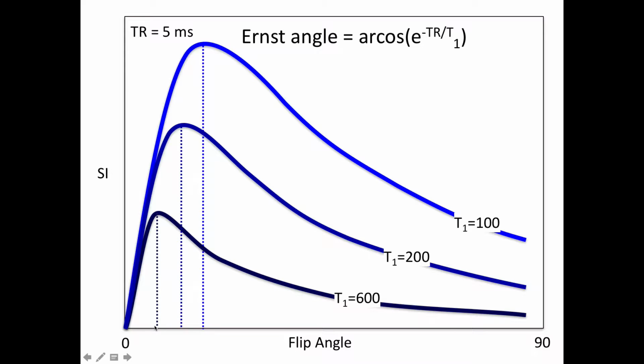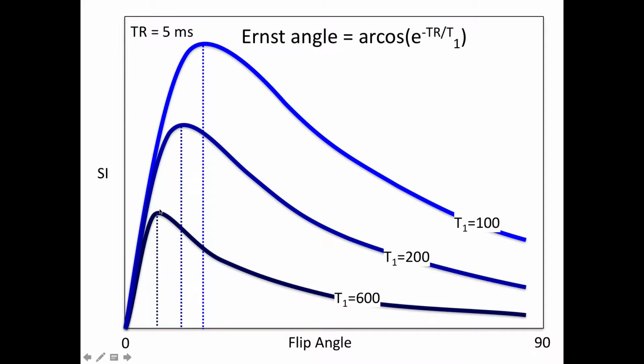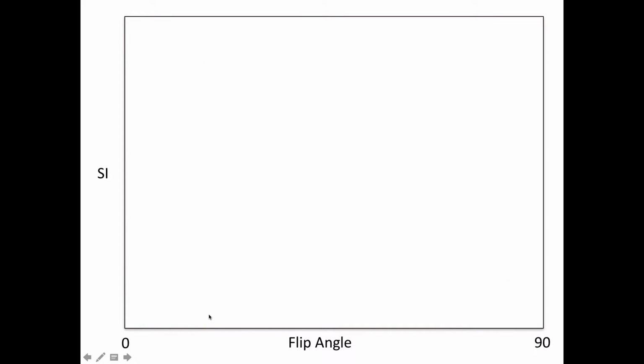But if you give gadolinium, you can convert a tumor from this to this. So you can also think of this as an unenhanced tumor, and this is a gadolinium-enhanced tumor. So notice that gadolinium causes the tumor to look brighter, and gadolinium also causes you to pick a slightly longer flip angle as the optimal. That's with a TR of 5 milliseconds.